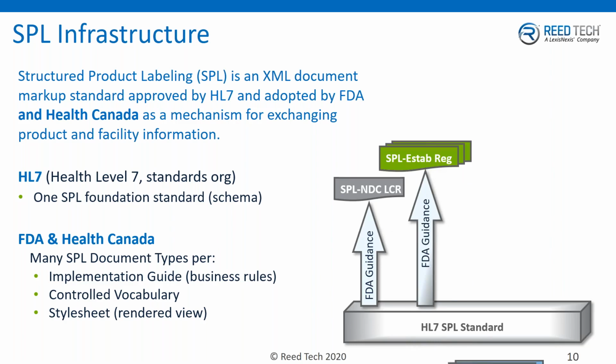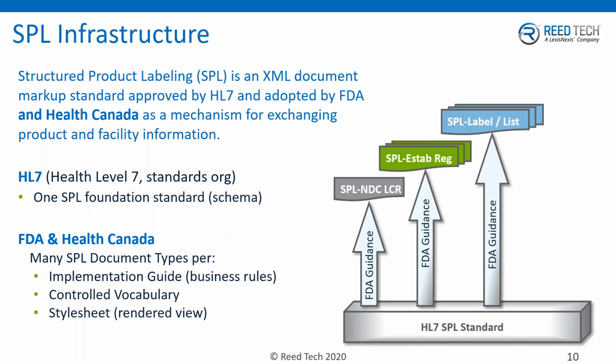So that captures facility information. There's a third major area of FDA use for label listing. I think off the top of my head, I remember way over like 61 or so different document types that the FDA has used, and defined by way of guidances, all based on the very same schema.